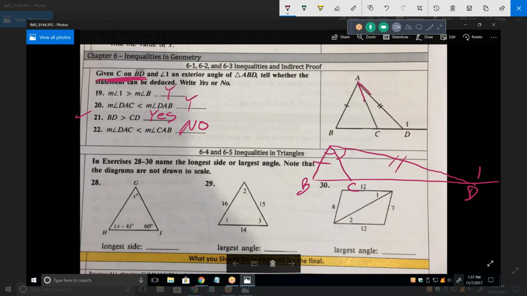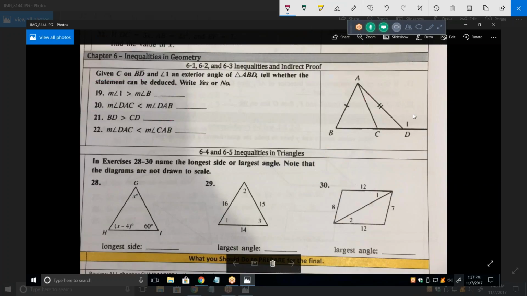And I'm sure about 19, I'm also sure about 20 and 21, and 95% sure about 22. I'm assuming we can draw this picture any way we want as long as it conforms to their conditions. In other words, C has to be on the line BD, and that left side has to be a different length than the right side, and angle 1 has to be an exterior angle.